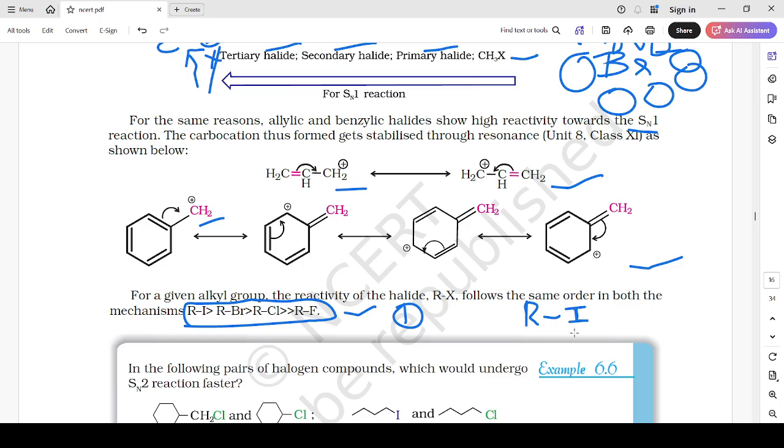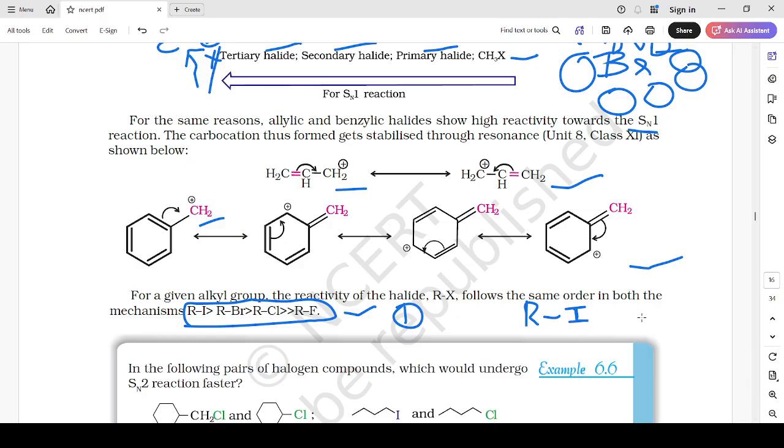If this iodide is easy to leave, faster, only then the nucleophile can come and attack, isn't it? So that's the reason this order is provided to us: RI followed by RBr, followed by RCl and RF.